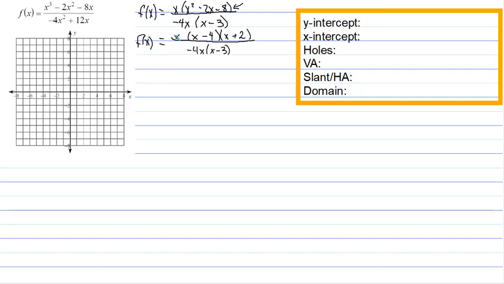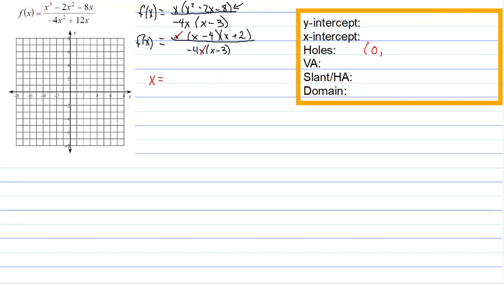And then I'm looking to see what can cancel. And so I have a hole. When x is 0, there's going to be a hole for the y value. Now, to figure out where to graph it, I need to plug the 0 into this reduced function.